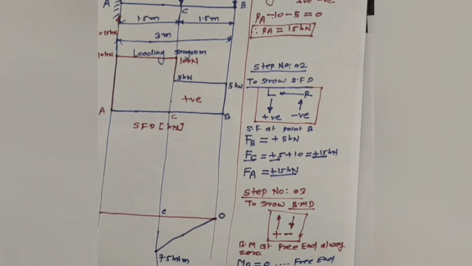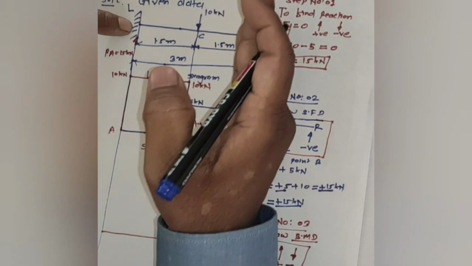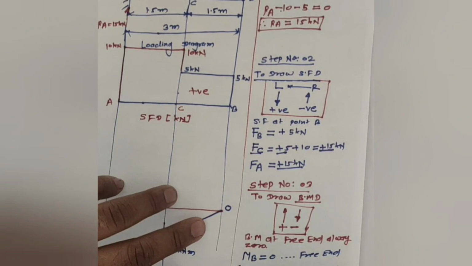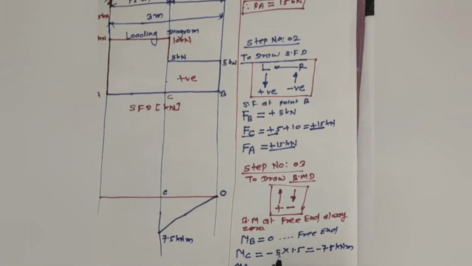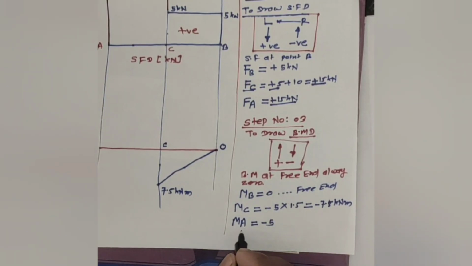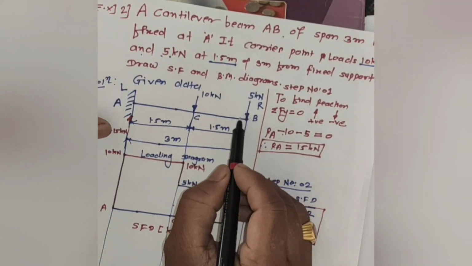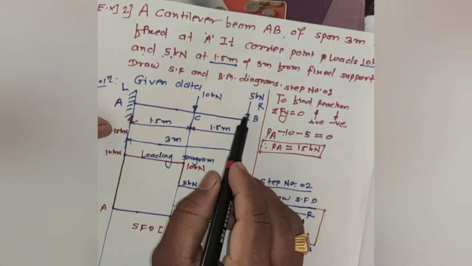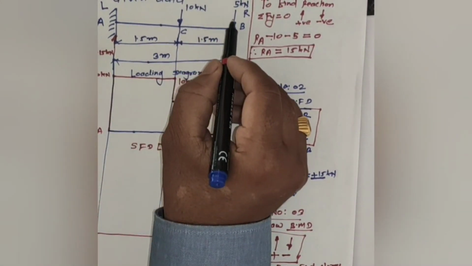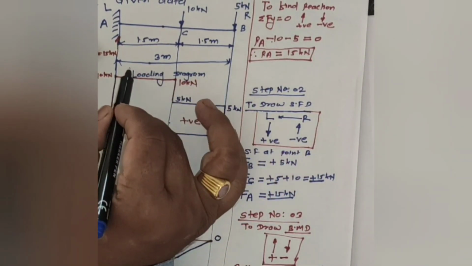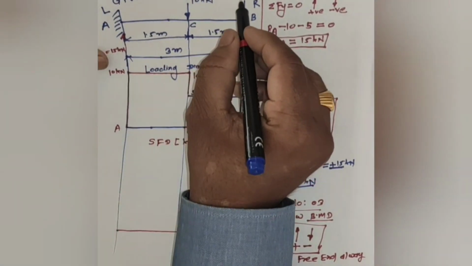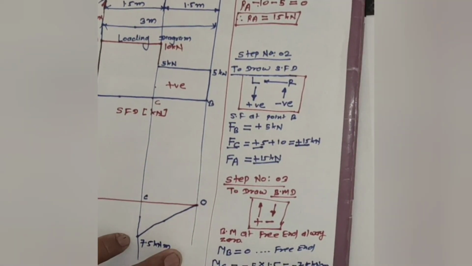At the free end the force is minus 5 and the perpendicular distance is 3 up to point A. This force is 5 kilonewton, minus 5. Why minus? Because downward is minus. Moment means force into perpendicular distance about that point, that point means A. Minus 5 into 3.